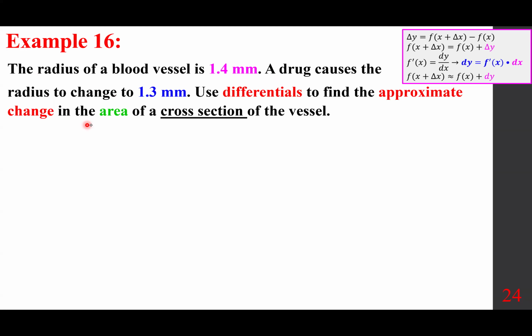So the cross-section is in the form of a circle. It has some radius to begin with. In this case, more specifically, r is 1.4 millimeters.